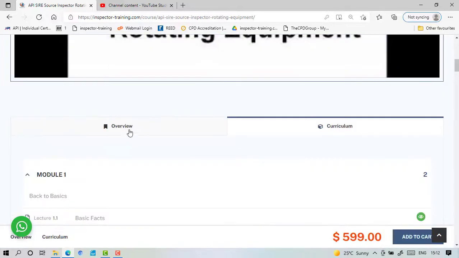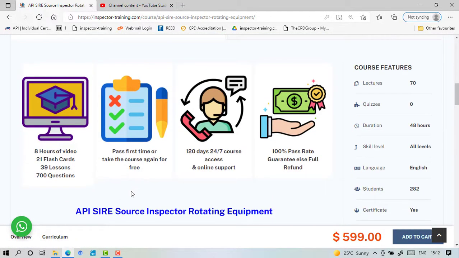So let's see what you get in a nutshell. You get 8 hours of video, 21 sets of flashcards, 39 lessons, and 700 questions. So far, we haven't had any candidates returning or failing, but if you fail, we will offer you two options. One, you could request another 4 months of free access, or you could ask us to return your money with a full refund, no questions asked.